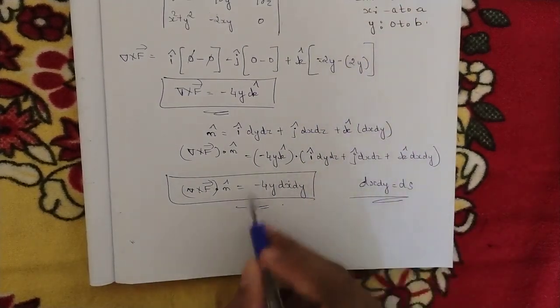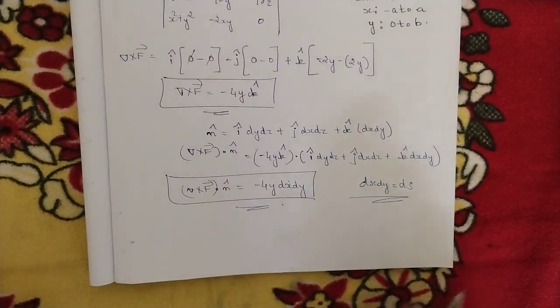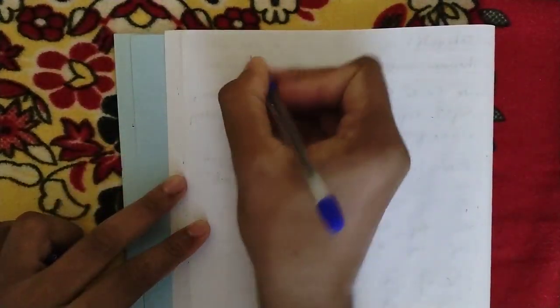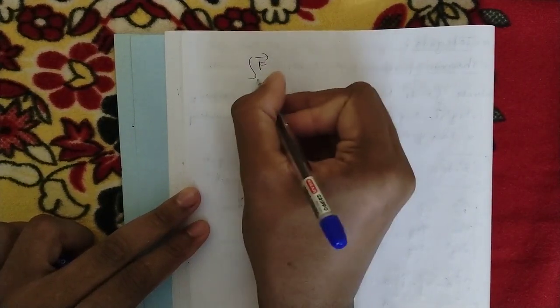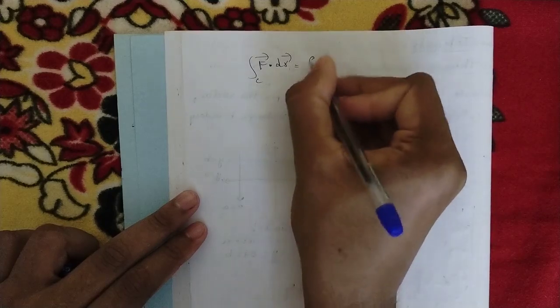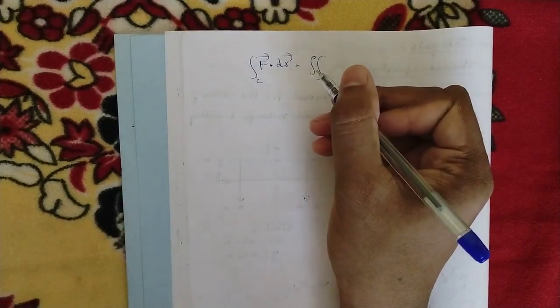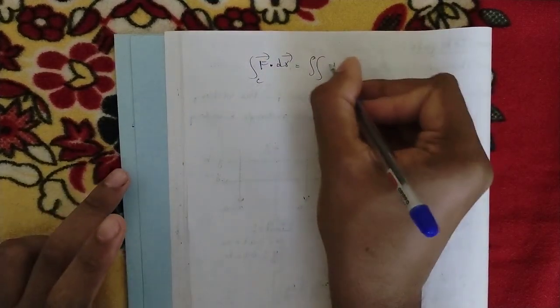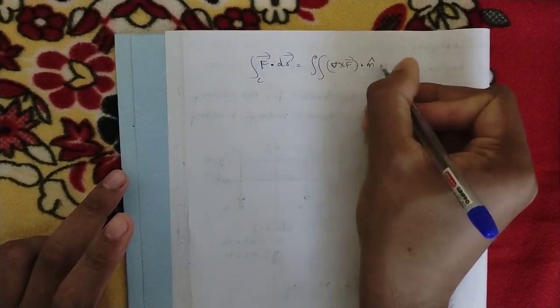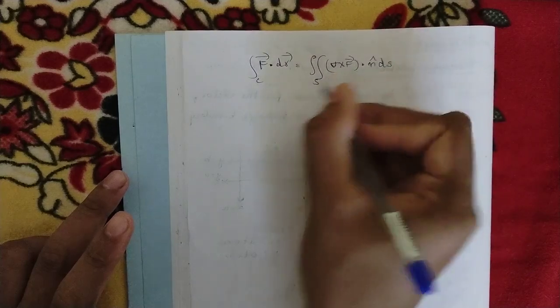Now finally, whatever we have got here, that you should be integrating. So let us do that integration part now. That is, the line integral of f dot dr is equal to the surface integral, double integral, del cross f dot n cap into ds.